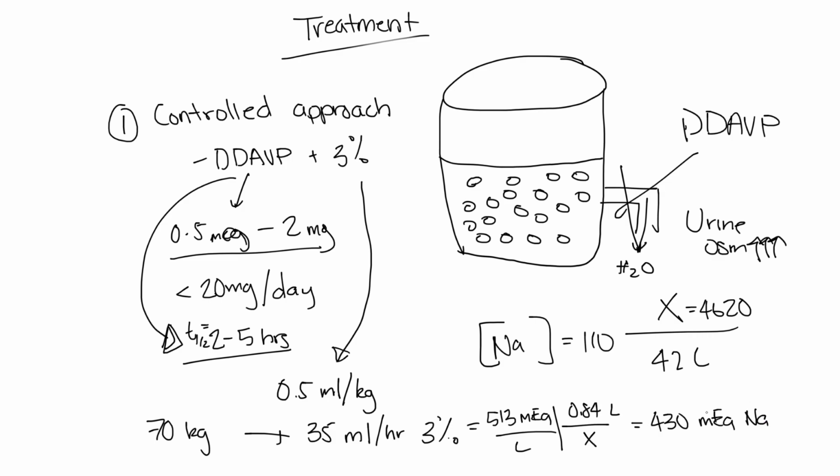All right. So using Edelman's equation, again, the total exchangeable potassium and sodium over total body water, right? I can add the 430 to the 4620 here, and roughly get 5050 as my new top.